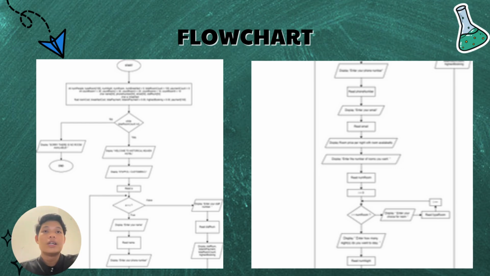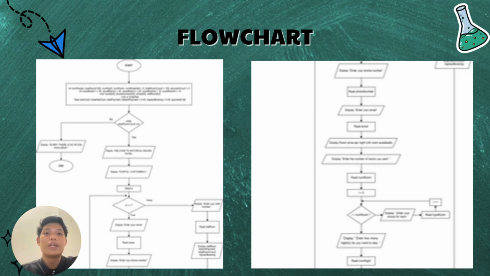First, read A. If A is equal to C, which is customer, and true, they will display enter your name, and the program will read name and display enter your phone number, read phone number, display enter your email and read email, and display price per night with rooms available.